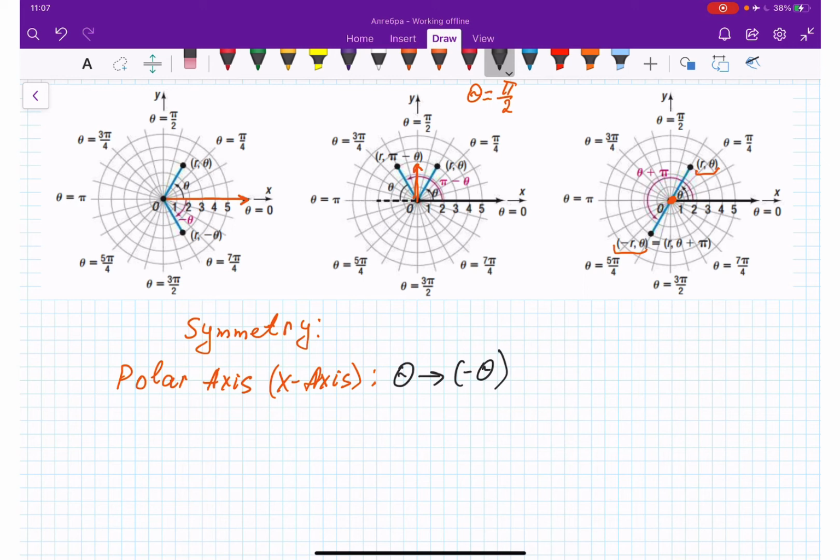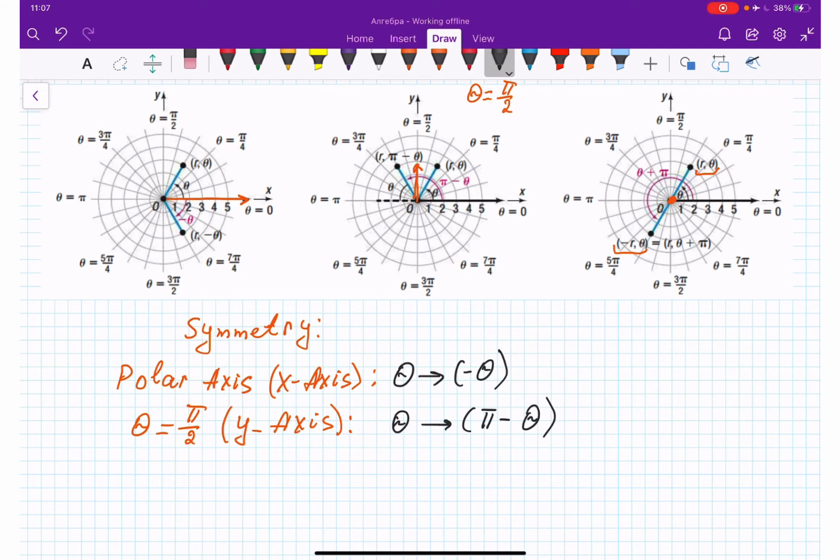And second, symmetry with respect to the line theta equals pi over 2, which is the y-axis. In a polar equation, we replace theta with pi minus theta.